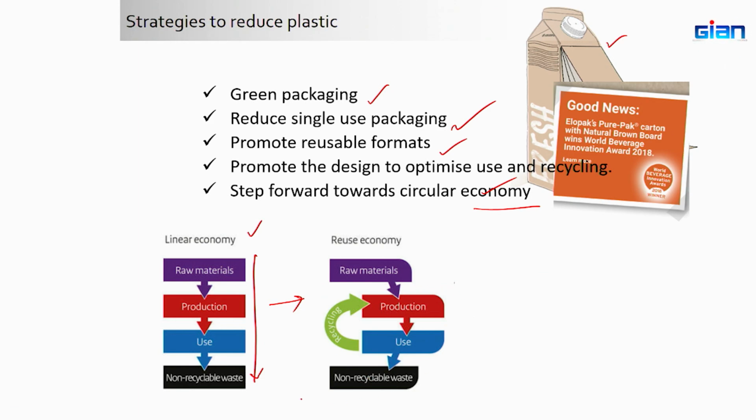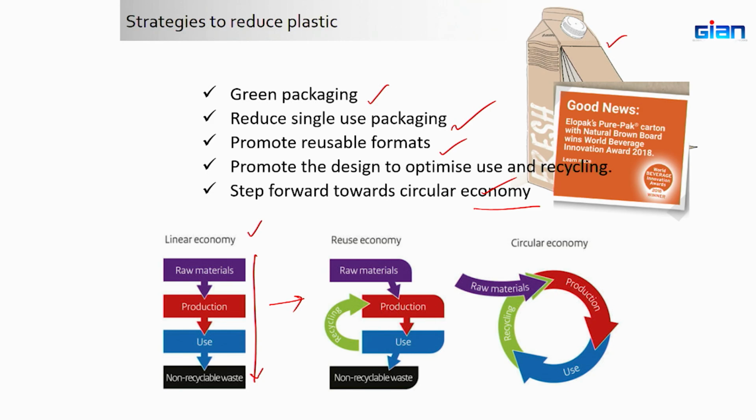And then now to circular economy, so that means you start making a circle. Linear: raw material, production, use and waste. Reuse: raw material, production, use, and then again reuse it. In a lot of places we do use reuse. For example, the plastic trays used for transporting raw material, the same trays are used again and again till the time they expire.